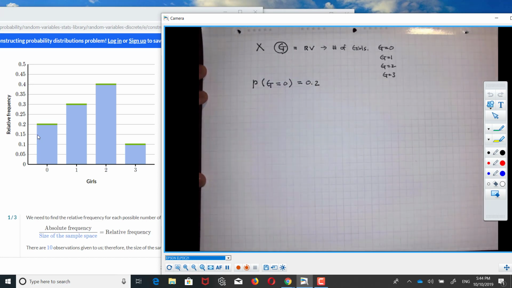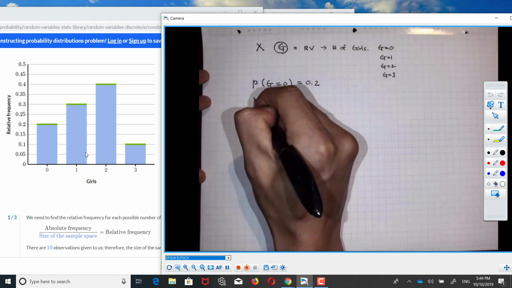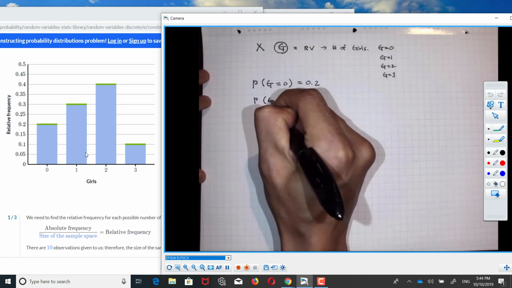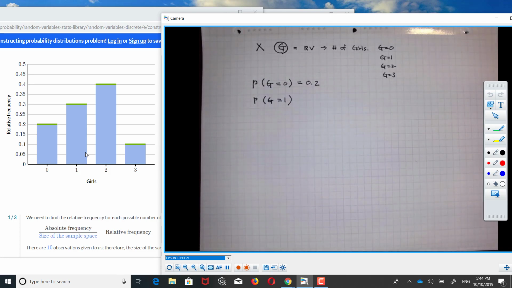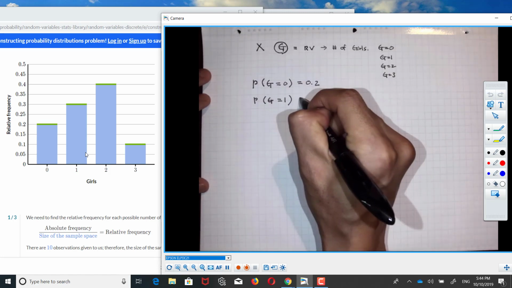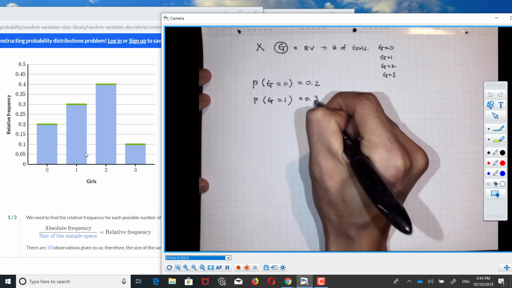It's 20%. And then the probability that the random variable value is 1, meaning there's only one girl, is how many cases? We have 3 cases out of 10, so the probability is 0.3.